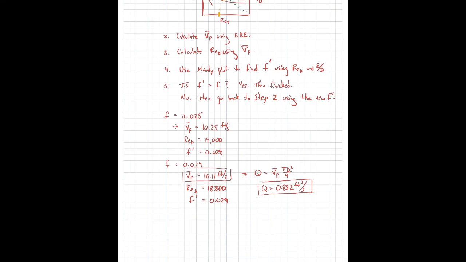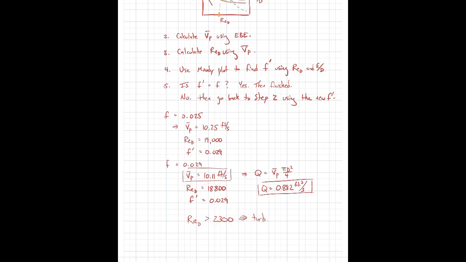Recall that the critical Reynolds number for flow in a circular pipe is 2,300. So since my Reynolds number is greater than 2,300, I have indeed turbulent flow in the pipe. So my assumption is correct: I assumed it was going to be a turbulent flow, and indeed it is.